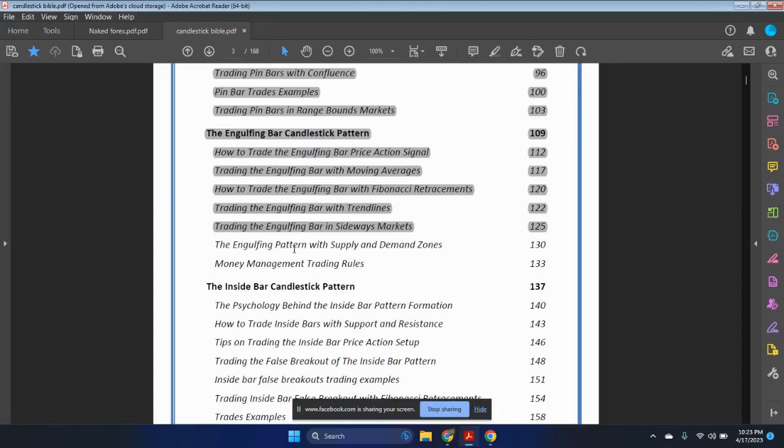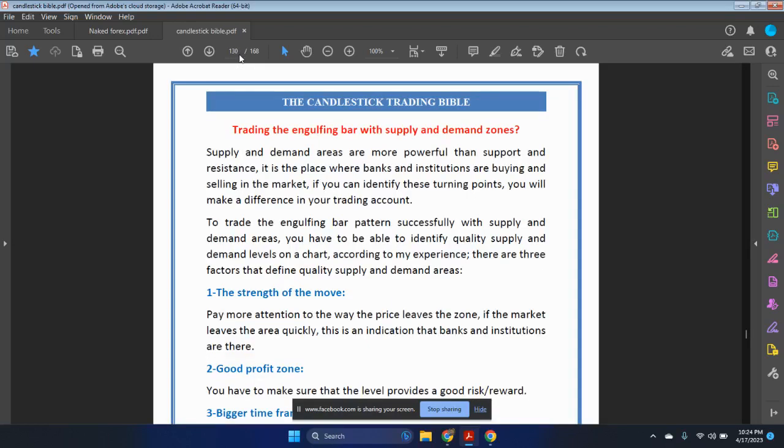Today we're going to do the engulfing pattern with supply and demand zones. All right, so trading the engulfing bar with supply and demand zones.